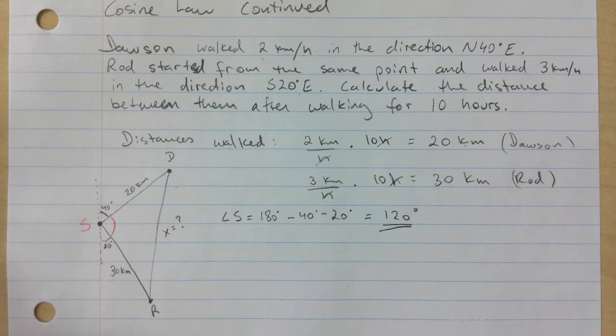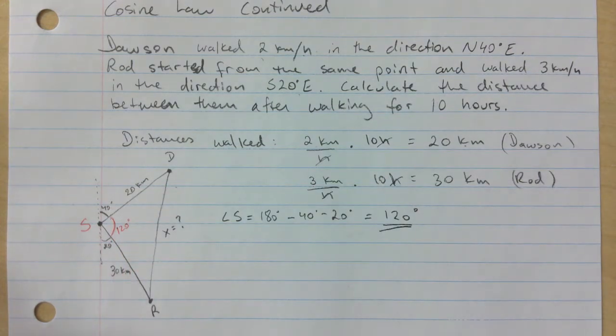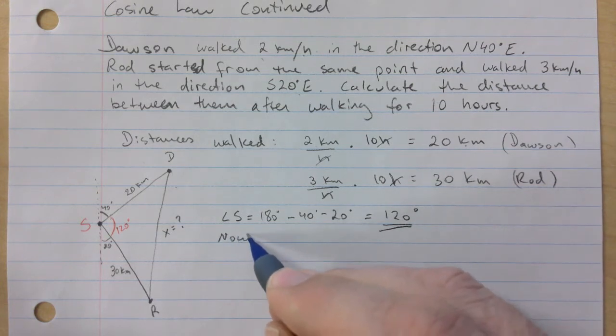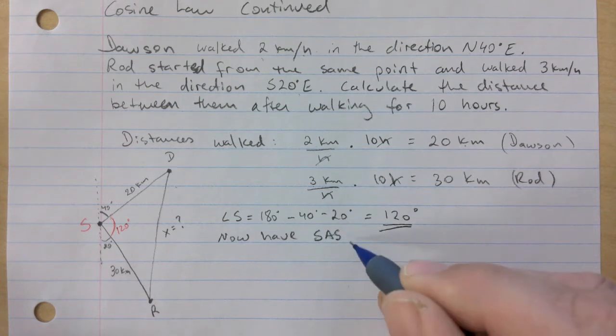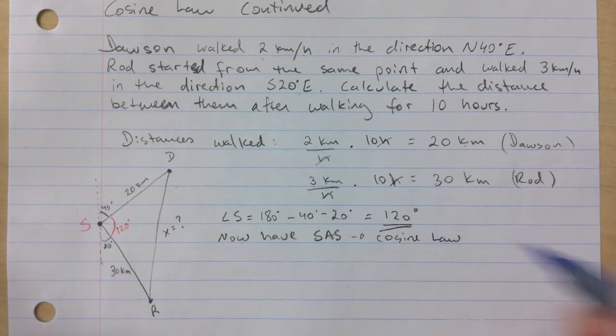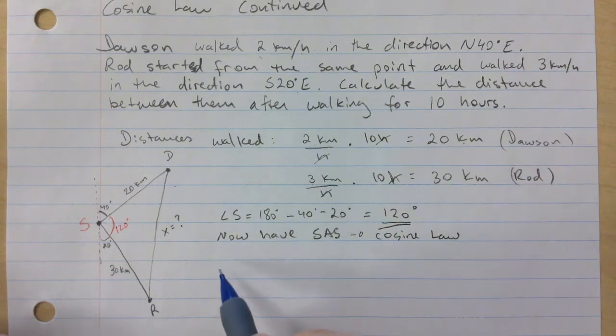Given that this is 120 here, I now have an SAS situation. Okay, now we have the SAS case, so we have to use cosine law here. There's no pair, so you have to use cosine law.